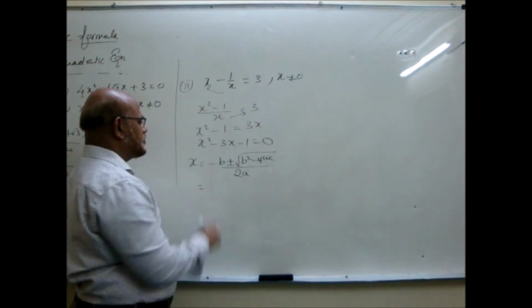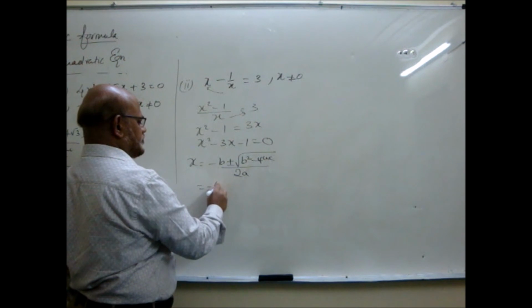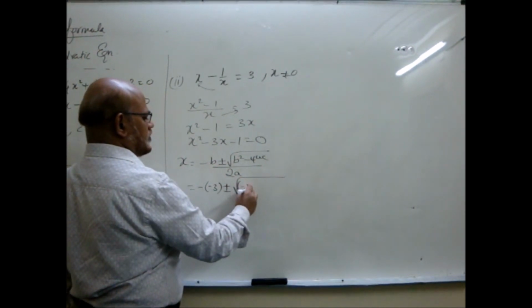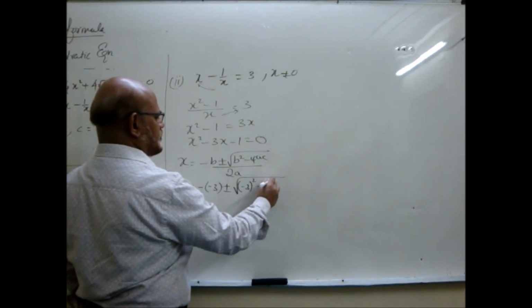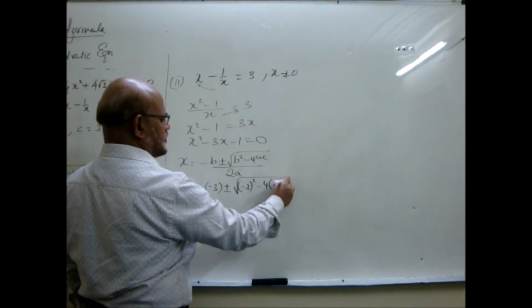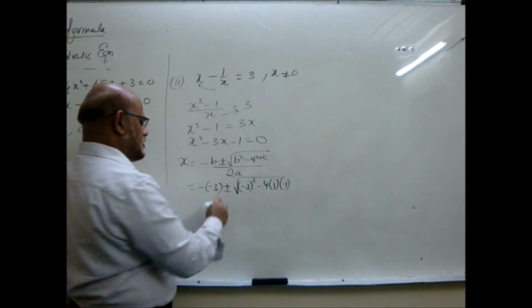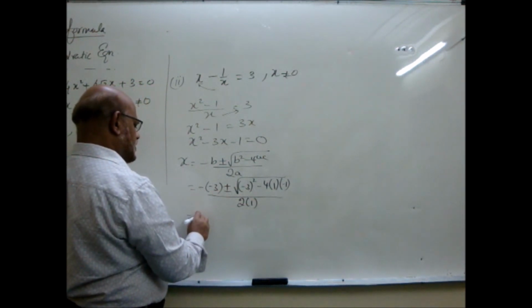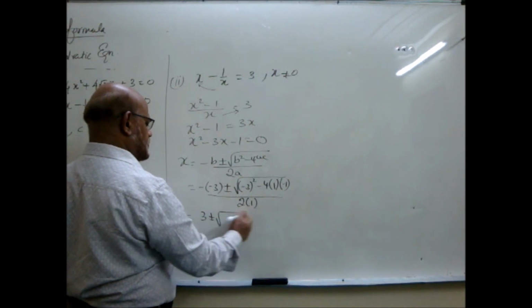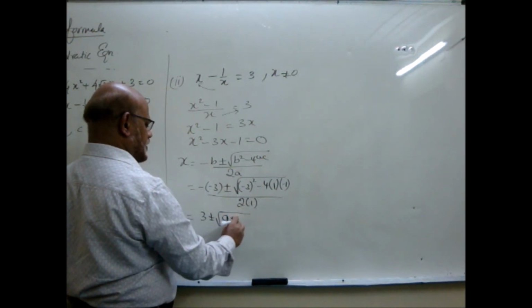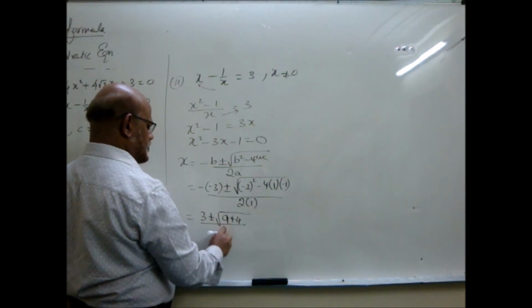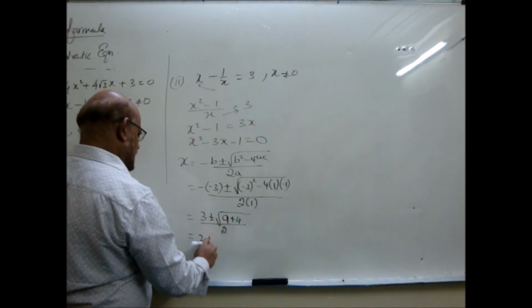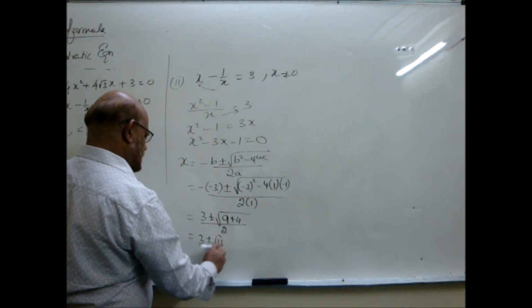Substitute all the values. Minus of minus 3 plus or minus root of minus 3 square minus 4 into 1 into minus 1, 4ac, by 2a, 2 into 1. Write it in the simplest form: 3 plus or minus root of 9 plus 4 divided by 2. So it becomes 3 plus or minus root 13 by 2.